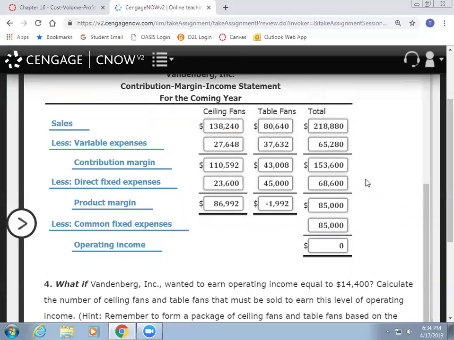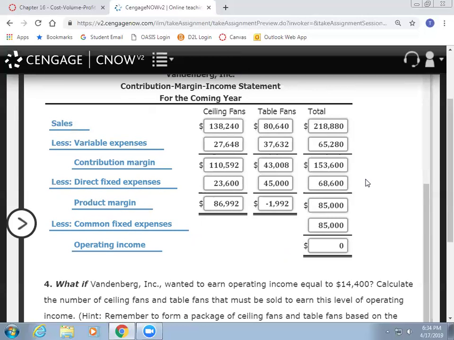Okay. So of course, from an analysis standpoint, I would probably look at a different mix of ceiling fans to table fans, or change something with my table fans to get a positive product margin there. You know, this is break even for the total, so that's why it gets a little different.